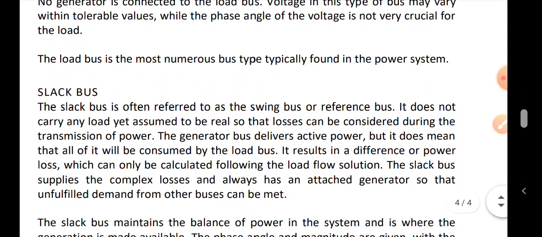The third bus which we will talk about is the slack bus. Actually there are only two types of buses. One is the generator bus, the second one is the load bus. So what is a slack bus? The slack bus is also a type of generator bus, and it is often called a reference bus or swing bus.